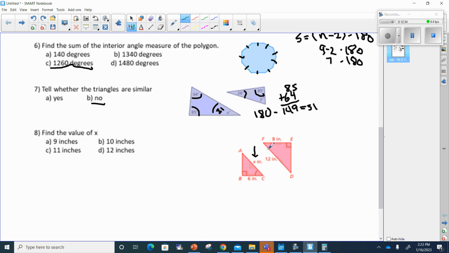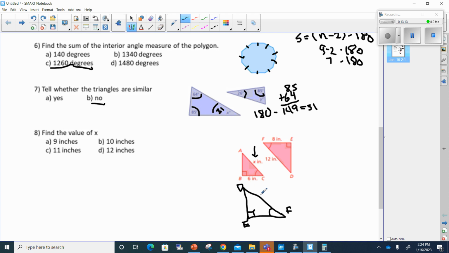I'm going to take this triangle here and turn it, I know it's bigger, until this now is down here, which means that C is equal to F. I know that this is a right angle, so when I turn it, this would be a right angle. So I know E is congruent to B, and that leaves D up here.